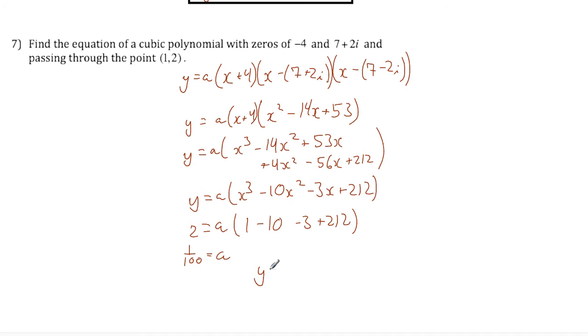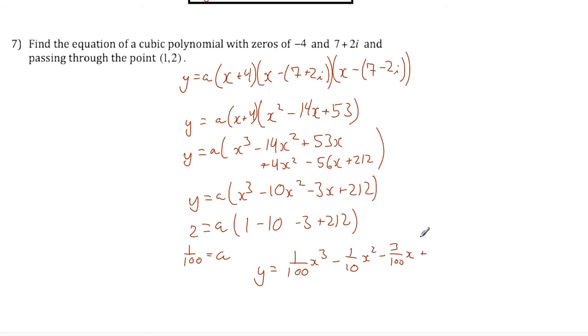Plug it back in, so I get y is equal to 1 over 100. I can distribute this all in. 1 over 100, x to the third, minus 10 over 100 is 10x squared, minus 3 over 100x, plus 212 over 100.